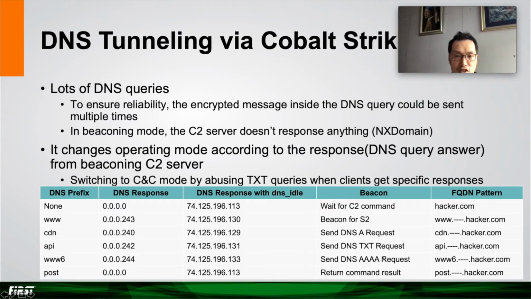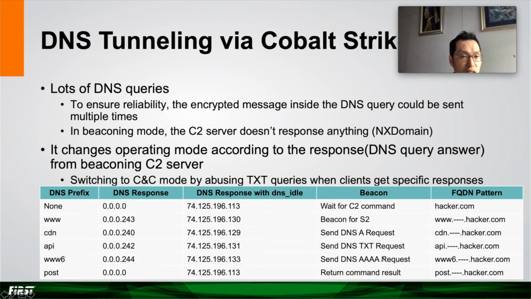Many use this feature to detect this behavior, and the Cobalt Strike DNS tunnel changes operation mode according to the response, as you can see in the table. With only a few kinds of DNS response, it is also in the DNS idle status.